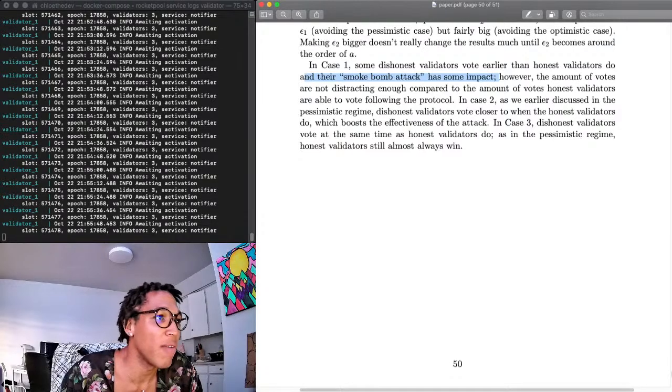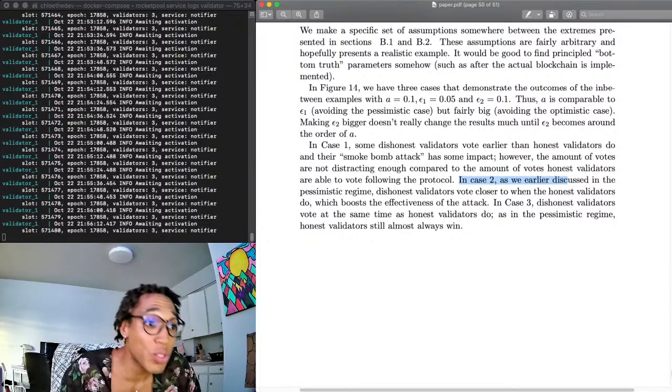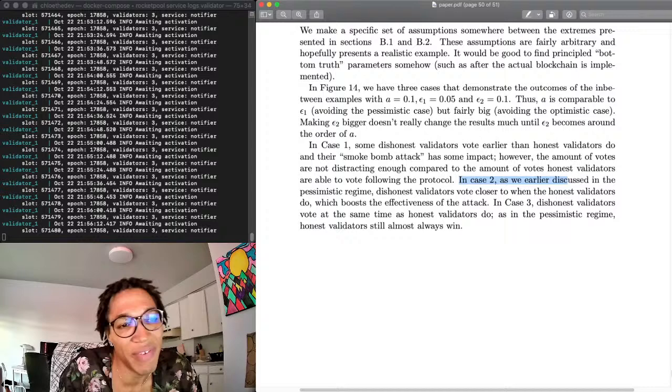However, the amount of votes are not distracting enough compared to the amount of votes honest validators are able to vote following the protocol. In case 2, as we earlier discussed in the pessimistic regime, dishonest validators vote closer to when honest validators do, which boosts the effectiveness of the attack.